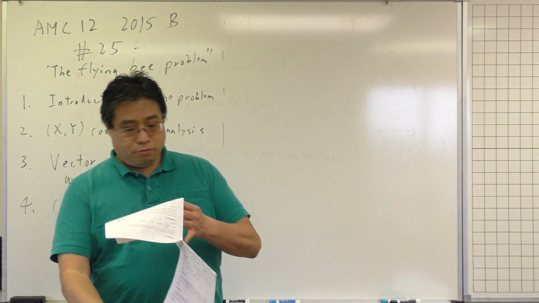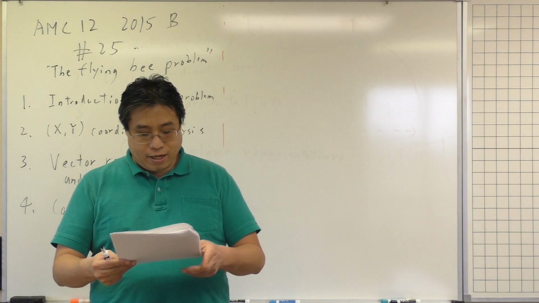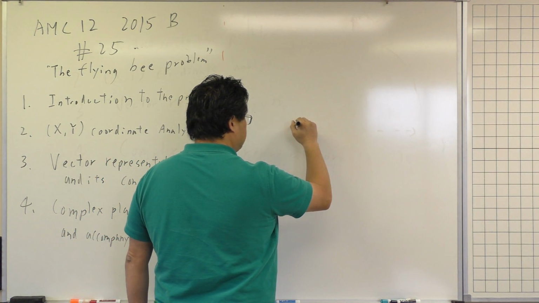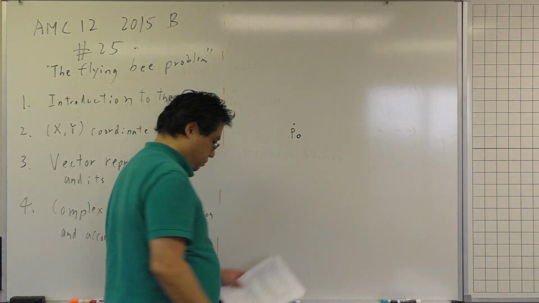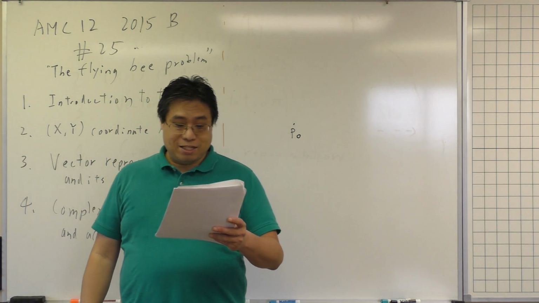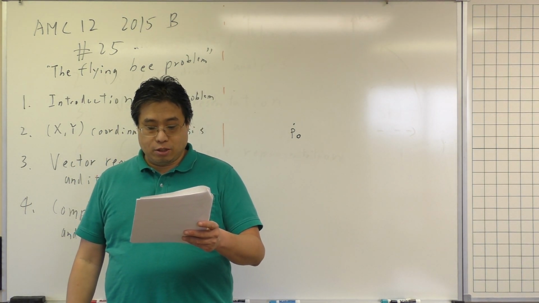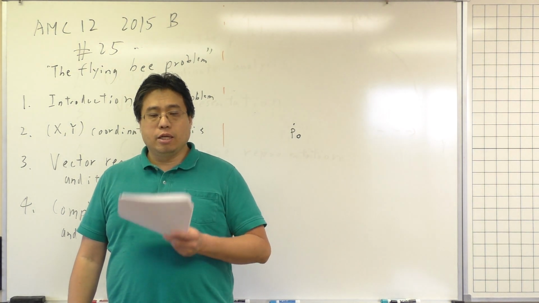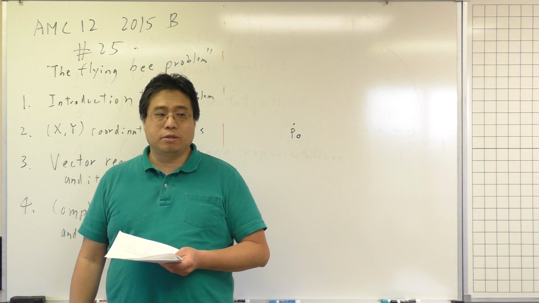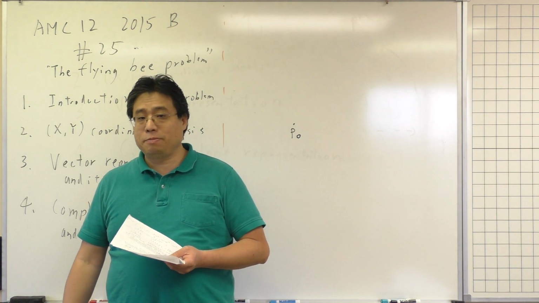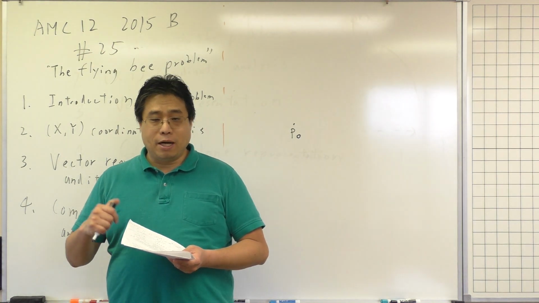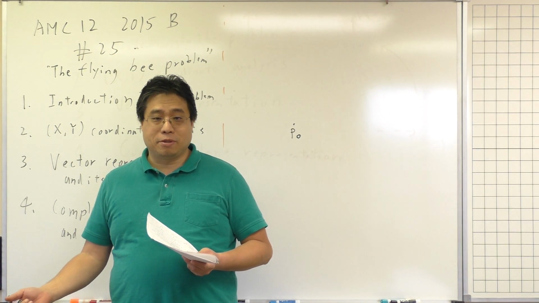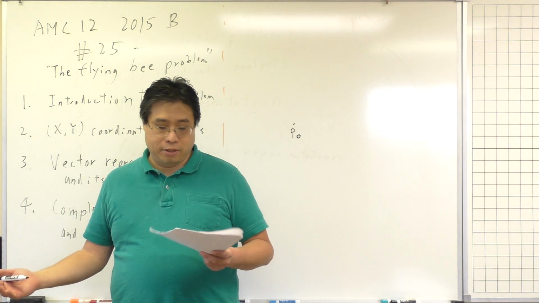The first sentence reads, a bee starts flying from point P0. Okay, let's put the point P0. She flies 1 inch due east to point P1. Now we have a direction involved. It is very important to make sure that the direction is something that everybody can easily understand and mark it clearly, so you will not get confused by it after all the things that you might be writing on it.